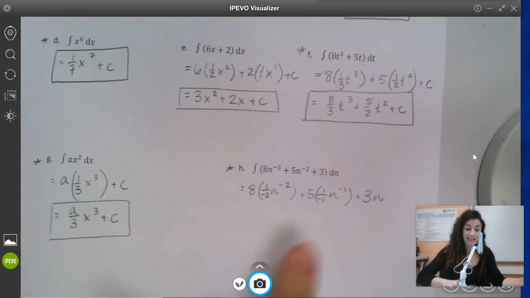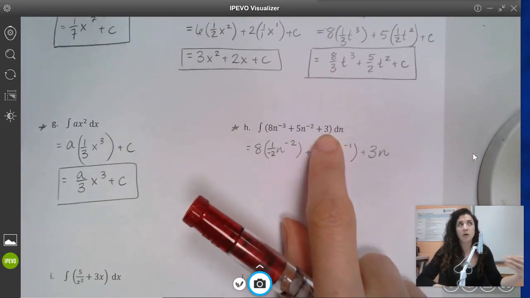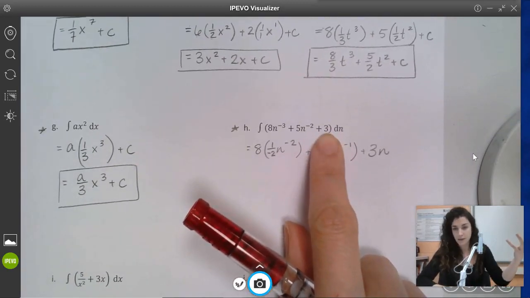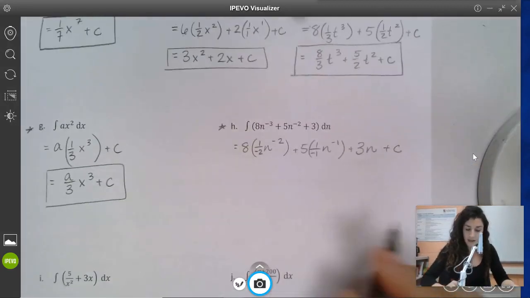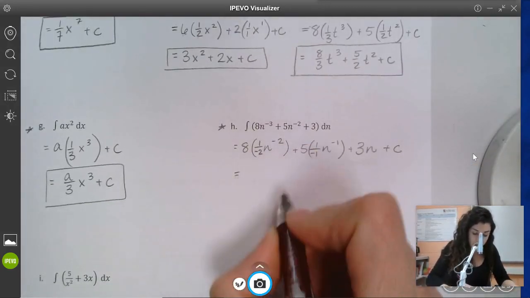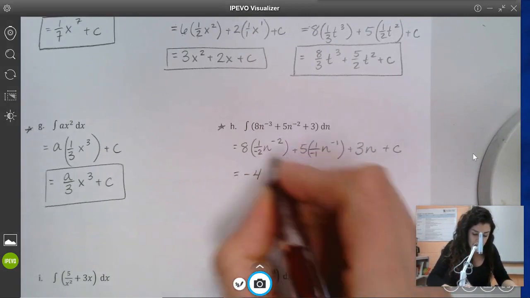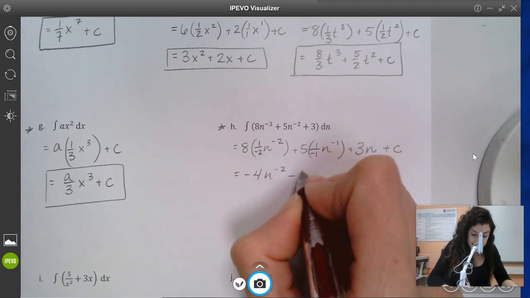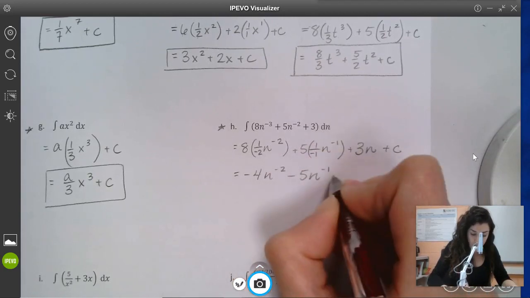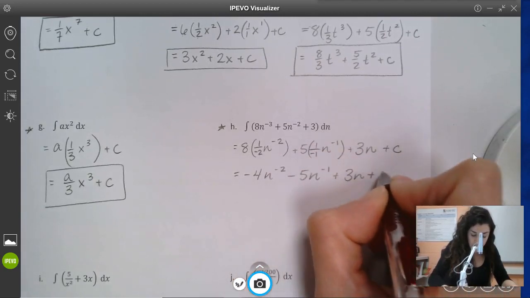And so now when we're finding the integral of 3, we're like, oh, it's 3x, right? We're just adding on the variable. We're just putting it back there. And then plus c at the end. Combining a few of my coefficients here, that would be negative 4n to the negative 2 minus 5n to the negative 1 plus 3n plus c.